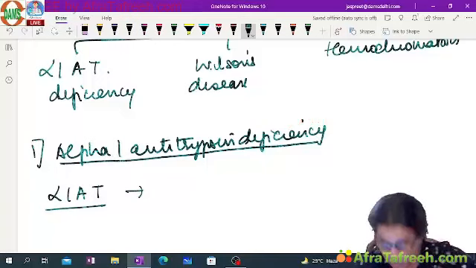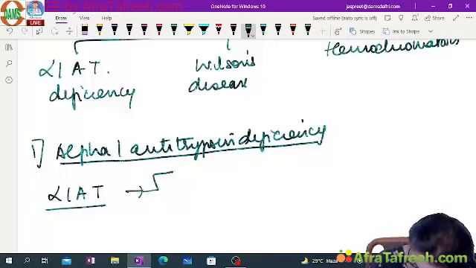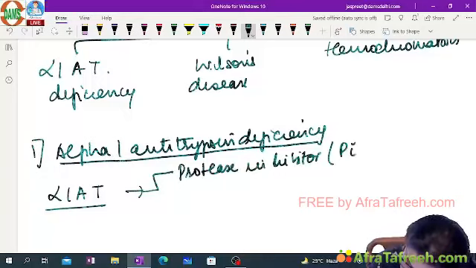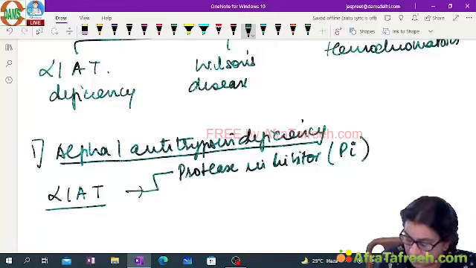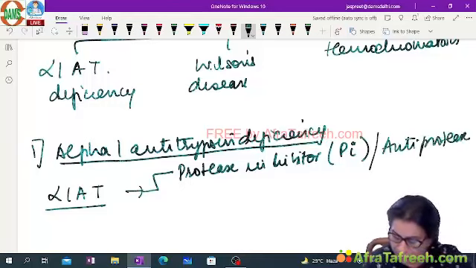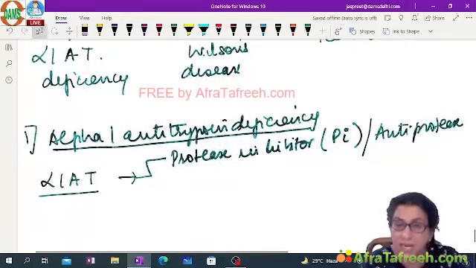Which other enzymes? Proteases. So alpha-1 antitrypsin is a protease inhibitor, also referred to as PI, or an antiprotease.